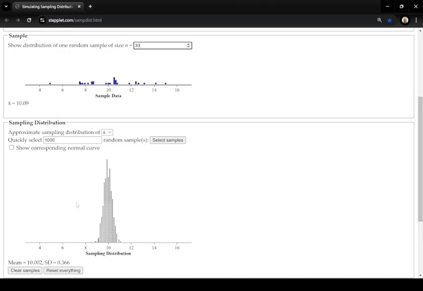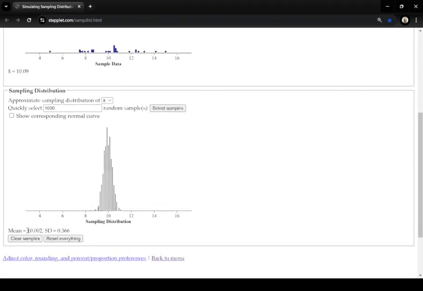So this is the 1,020-ish x bars that I got, and this is the mean of all the means. This is actually the expected value of x bar given any sample. The mean of the means will be the real mean. We're only going to do one study, but this is important. This is the number that's more important, though.